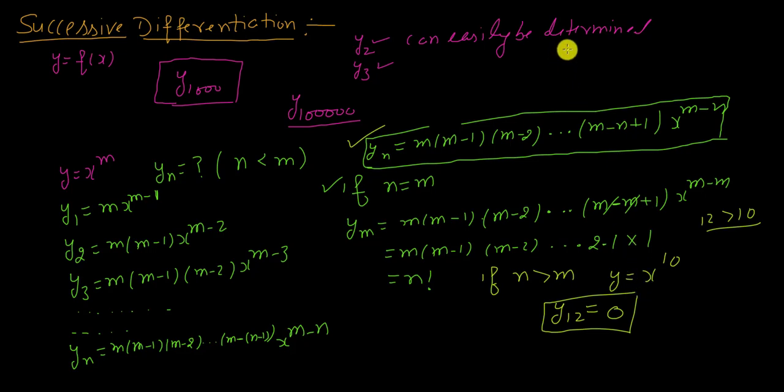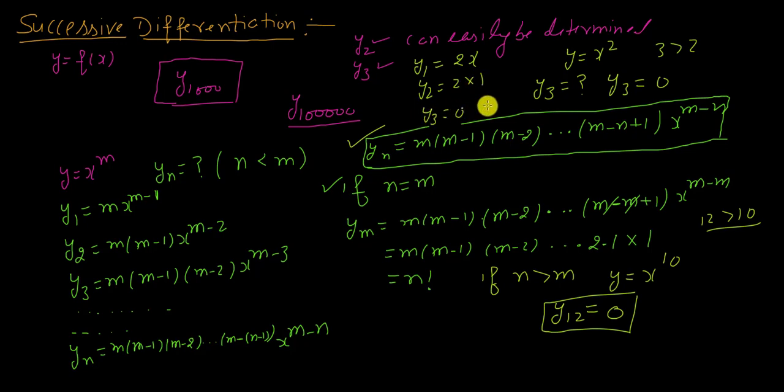For an example, again take y is equal to x square, and it is asked that find its third order derivative. Here 3 is greater than 2, so obviously the third order derivative will be 0. You could also do what you have done in plus 2. y1 of x square will be 2x, y2 will be 2, and y3 of a constant term is equal to 0.